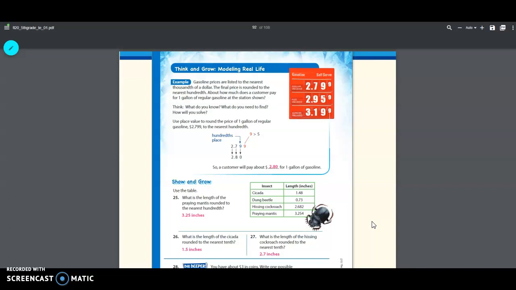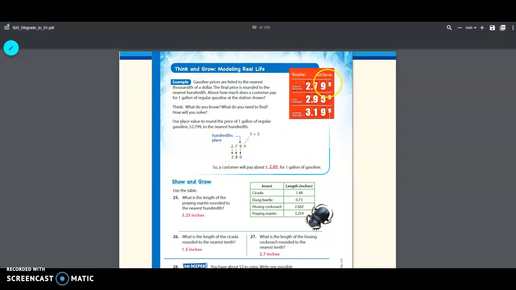Well, you can use place value to round the price of 1 gallon of regular gasoline, that is $2.799. And we can take a look at the hundredths place. We'll look to the right. 9 is greater than 5, so I'm going to be rounding it up, which means the number is actually going to become $2.80.